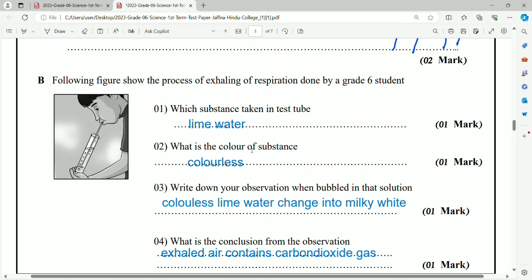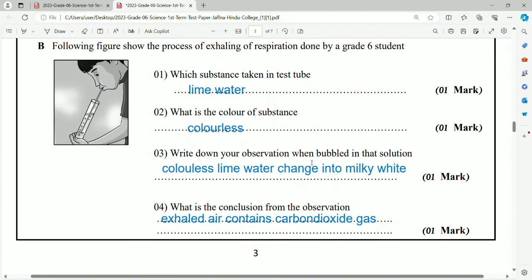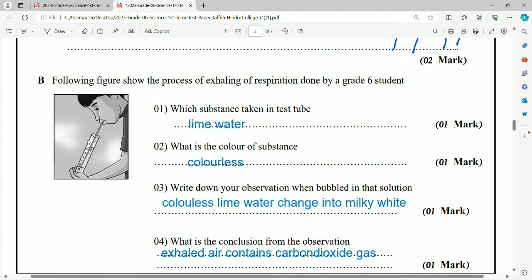What is the color of the substance? Lime water is colorless before passing exhaled air. Write down your observation when bubbled in the solution. When we pass exhaled air into the colorless lime water, it changes into milky white.